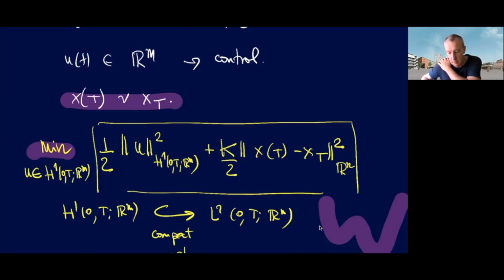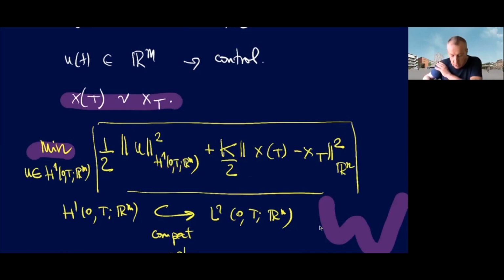If you take here a norm in L2 or even in L1, which is good in order to guarantee sparsity, meaning that the control is acting only at a few time instances, then I will have some difficulties to prove compactness, and maybe the existence of a minimizer will not be guaranteed, at least by standard methodologies, right?